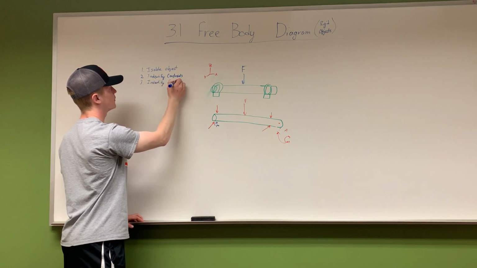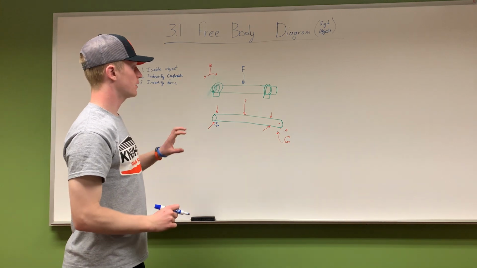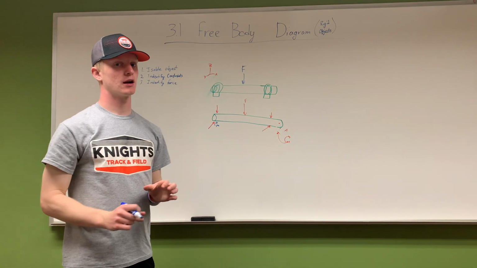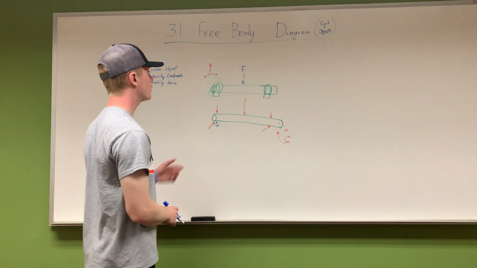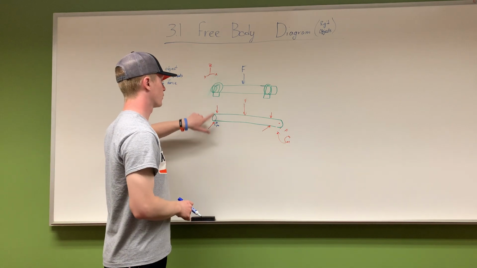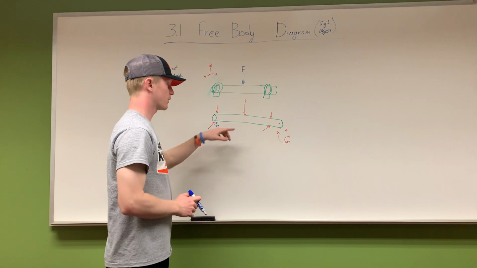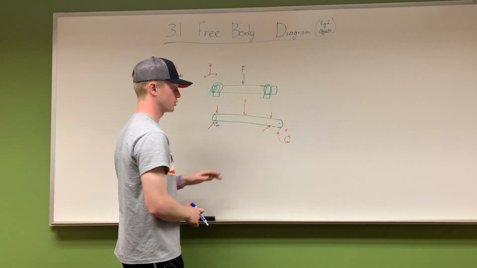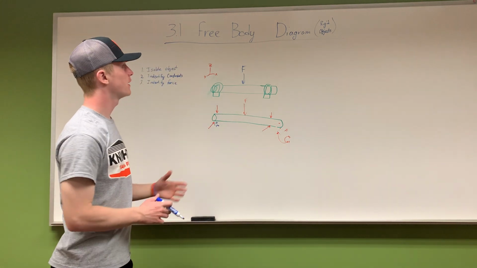Other forces. And the biggest thing with this is anything that prevents it from moving in a free body diagram is now a force. So you could solve for, say, this force, or if this force is acting here, what do these have to do to prevent motion? What's the magnitude of our moment? That type of stuff.